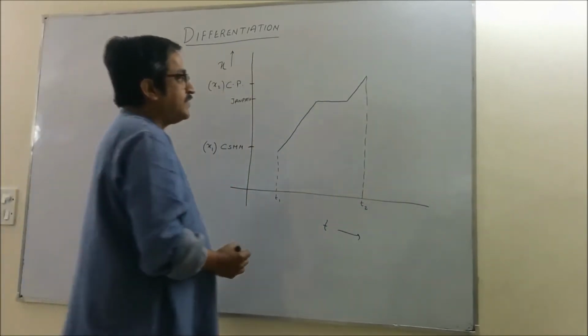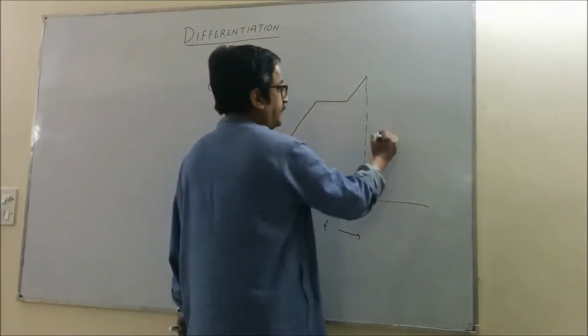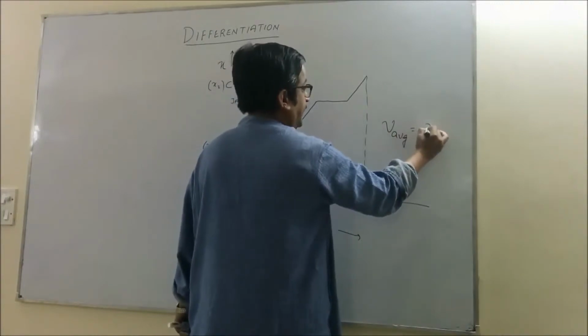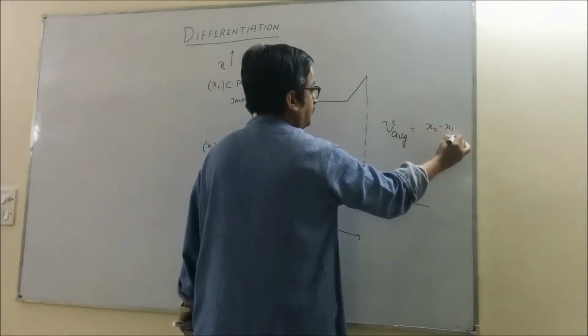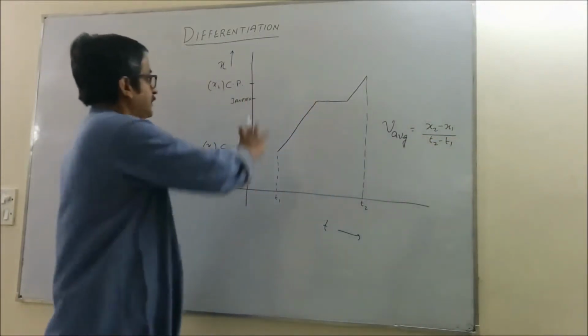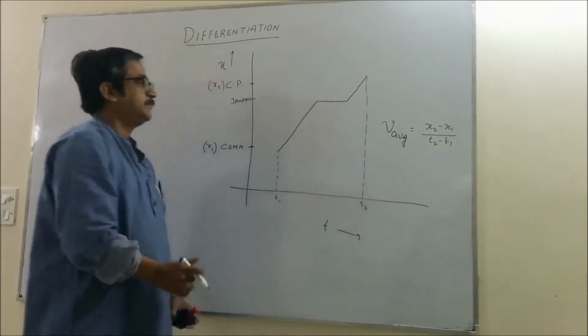So what is your average speed over this whole journey? The average speed will be x2 minus x1 by t2 minus t1.